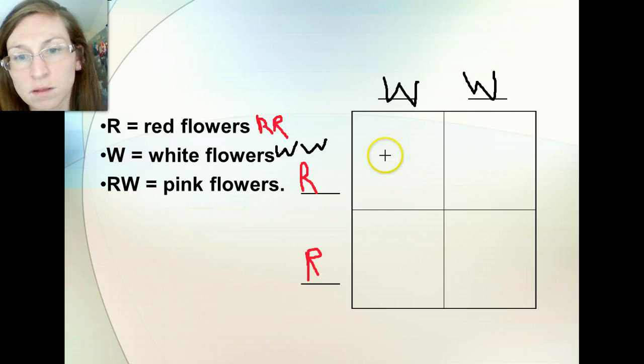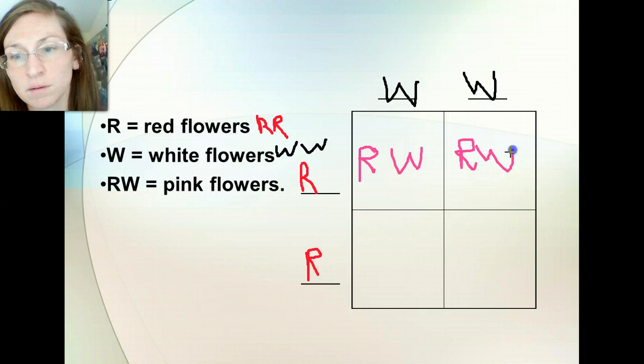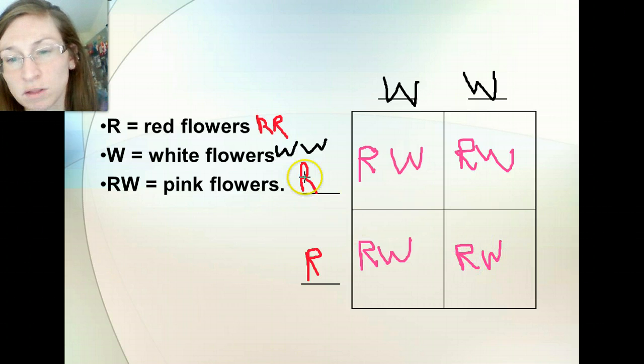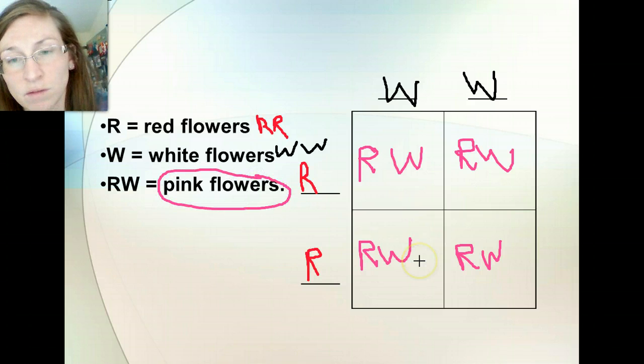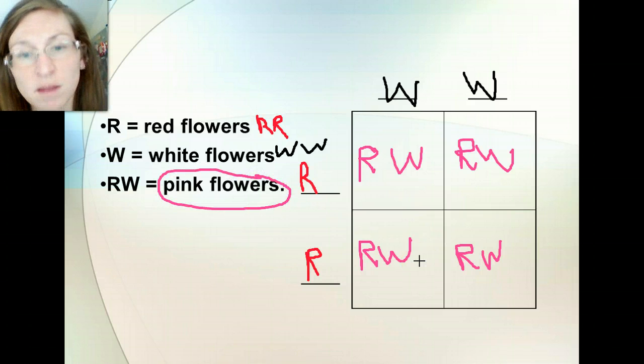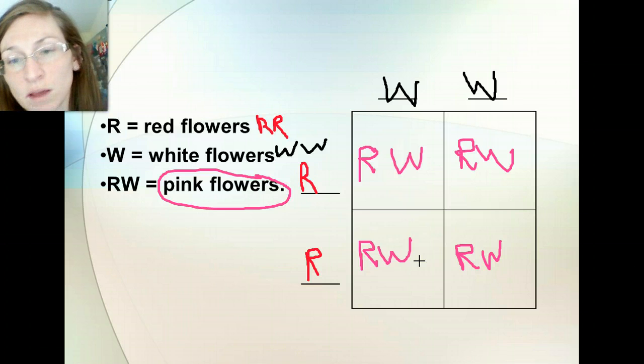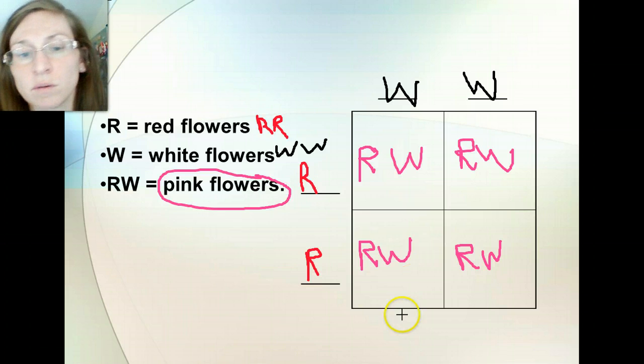And you would get RW, RW, RW, and RW for all the offspring, which, as you can see in the font I chose, is pink. So that would show up as pink flowers instead of red being dominant or white being dominant. The heterozygous or the hybrid version is going to be pink, which is a mix of red and white.